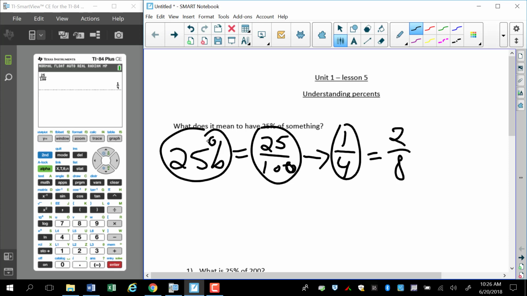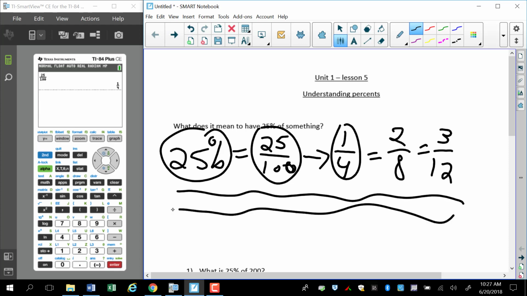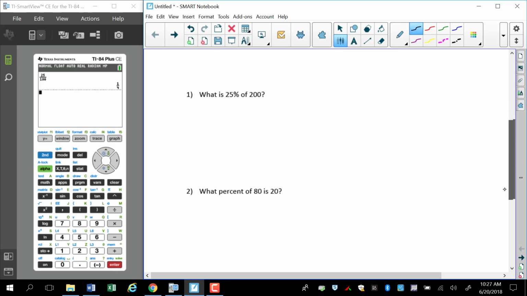So understand that if you look at a percent out of 100 and think about it as a ratio, 1/4 is the same, 2/8 is the same. We could go on and say 3 out of 12 and so on. If you understand this concept that it's out of 100, these problems are pretty simple to understand and go back to. So let's look at a couple of examples quick together.